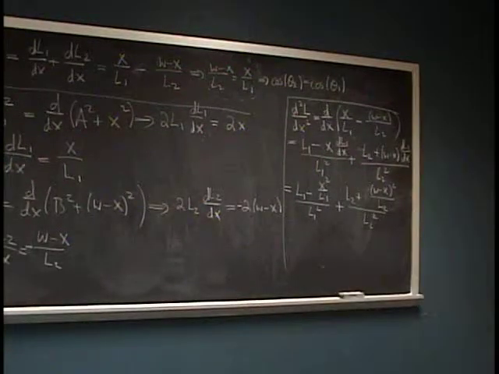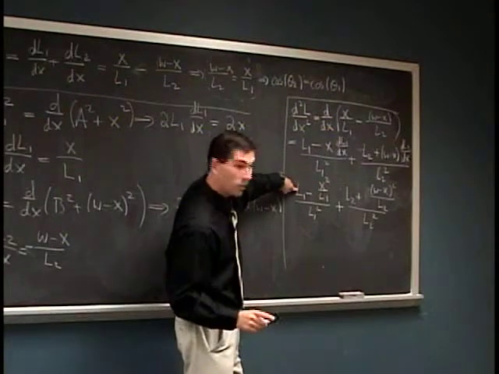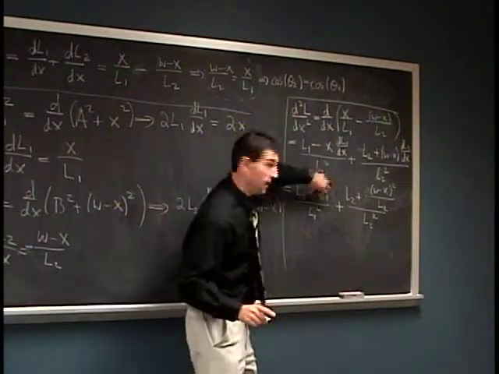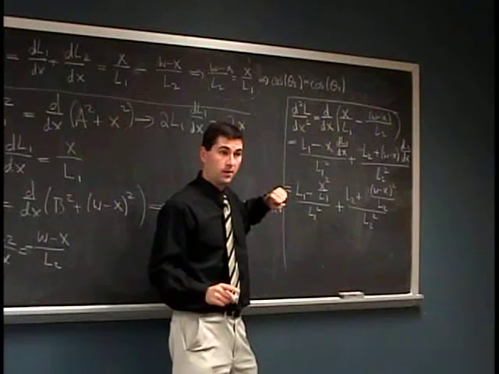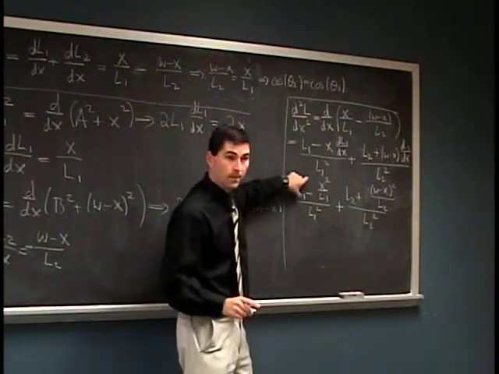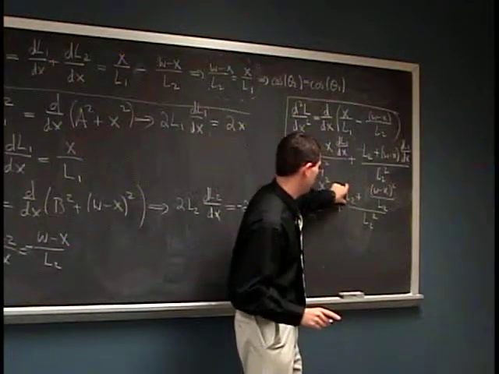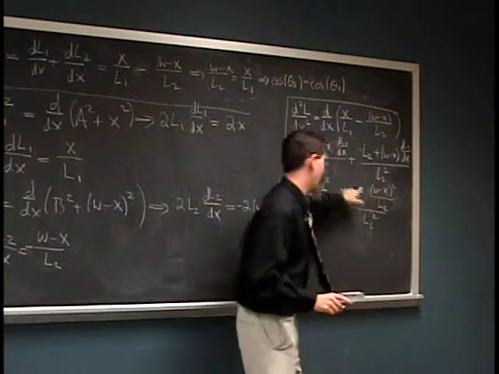Now I could make this L1 squared over L1, so I could turn these into one fraction. Just multiply top and bottom by L1. And then over here, the same thing, it multiplies L2 over L2 and makes one.